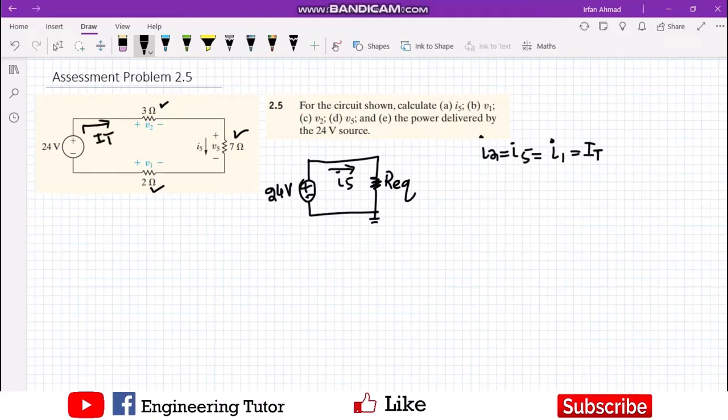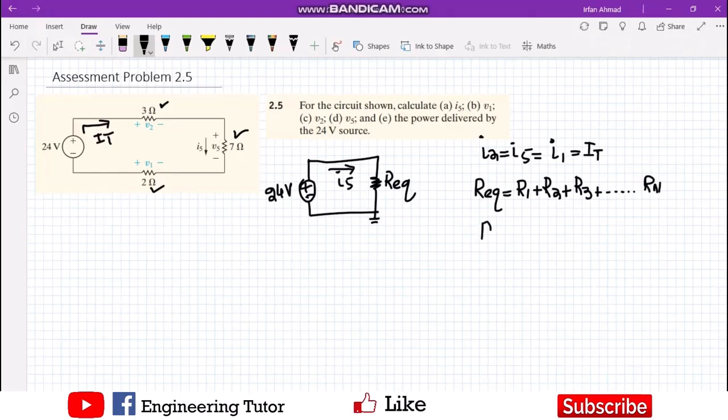So you can see here that this is a series circuit because all the current is flowing through all the resistors. So in any series circuit, we know that the value of the equivalent resistor is R1 plus R2 plus R3 up to the nth number of resistors connected here.